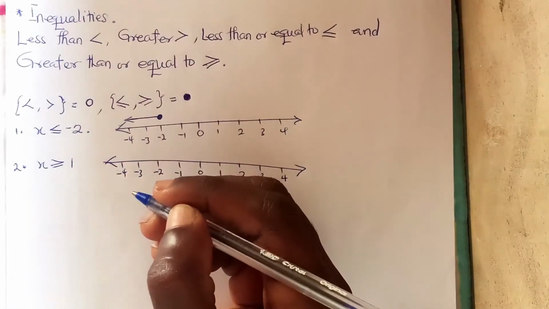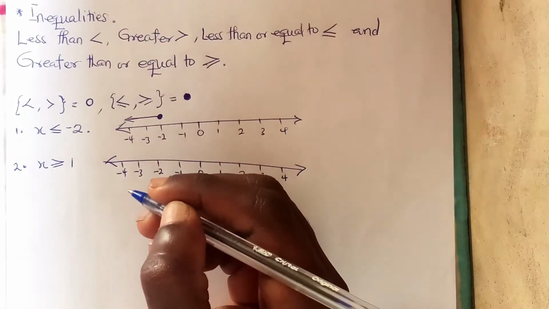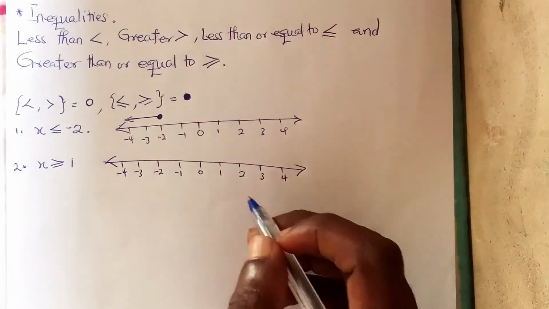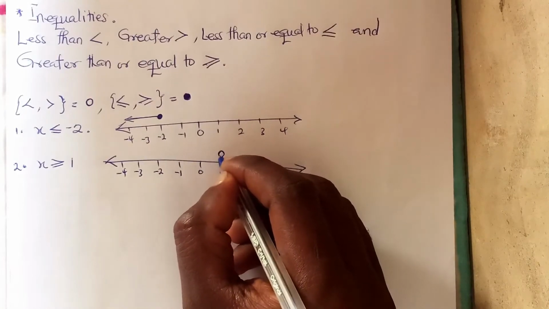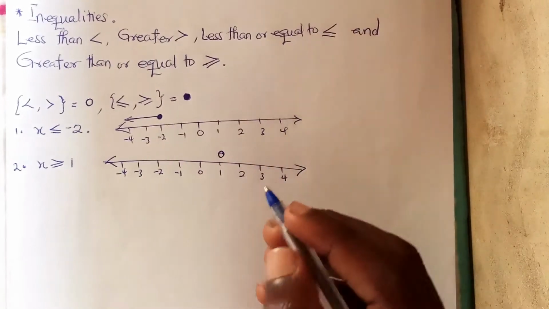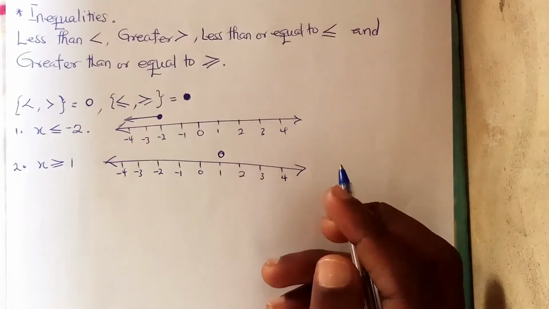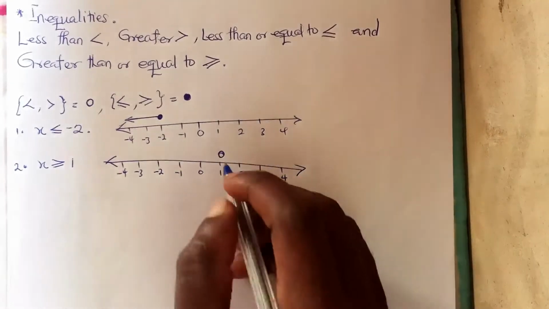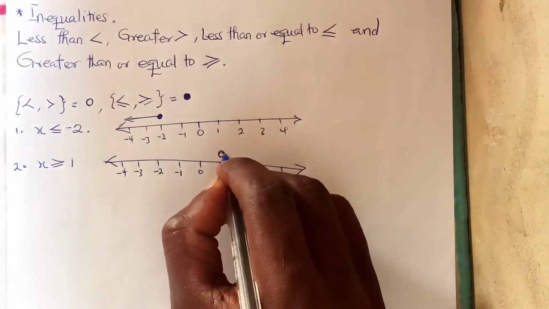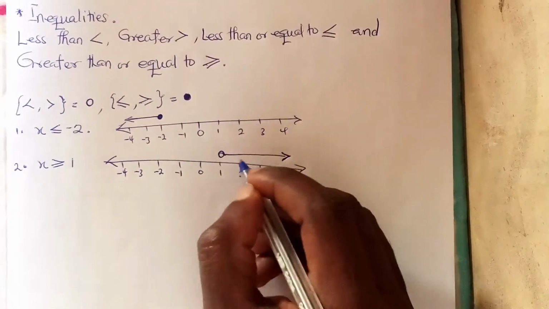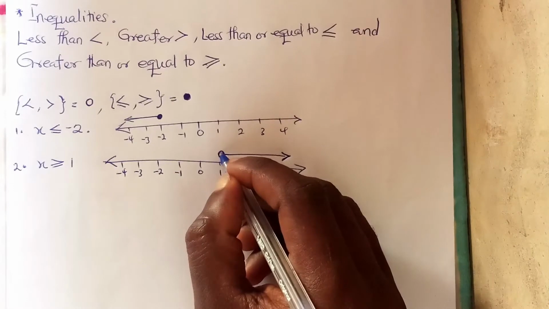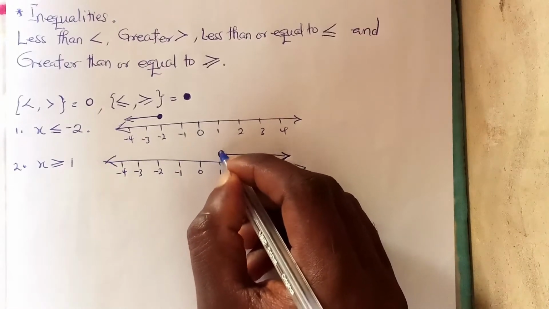And we said x is greater than or equal to 1. Since it's greater than, all the numbers moving to the right are all greater than 1. So the arrow moves to the right. And it is greater than or equal to, so it's a shaded one.